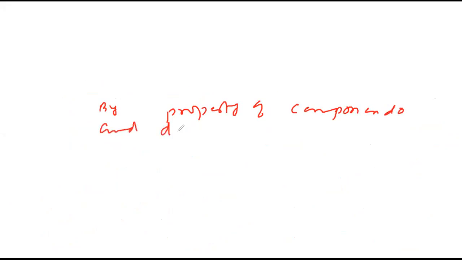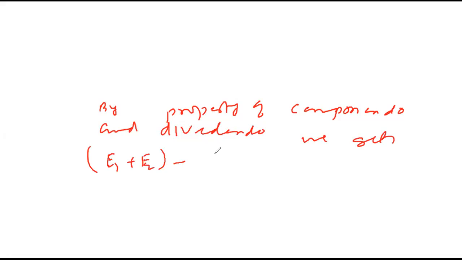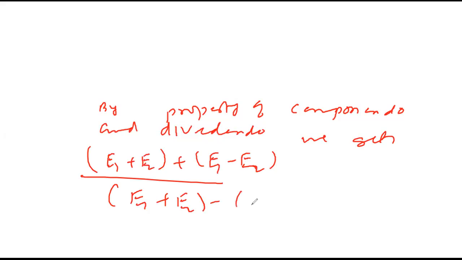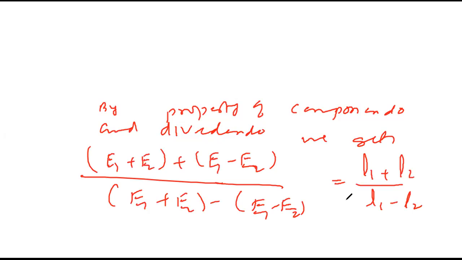By the property of componendo and dividendo, we get E1 plus E2 plus E1 minus E2 upon E1 plus E2 minus of E1 minus E2 equals L1 plus L2 upon L1 minus L2.